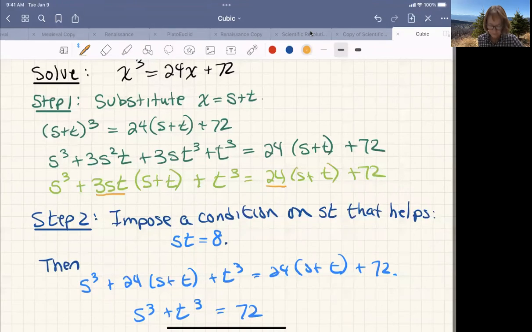Let's plug that in. So the left-hand side becomes s cubed plus 24 times s plus t, and then the right-hand side is 24 times s plus t plus 72. And then indeed, those two things are equal on both sides of the equality. And so we subtract that from both sides, and then we get simply s cubed plus t cubed is equal to 72. So that is our trick.